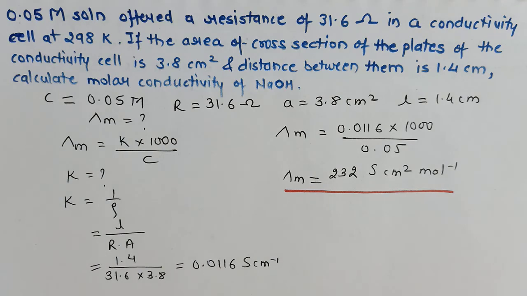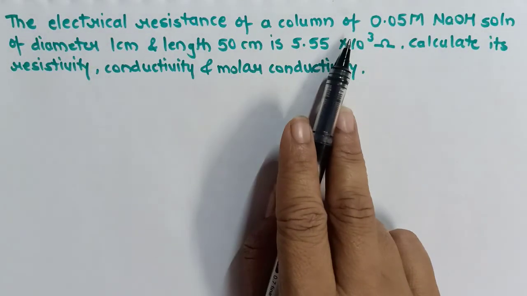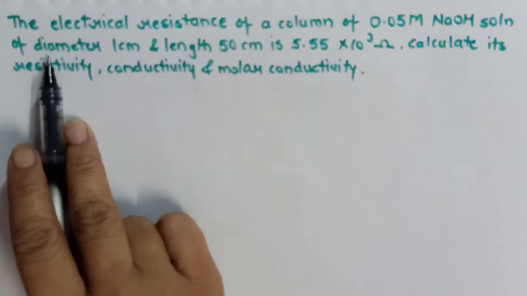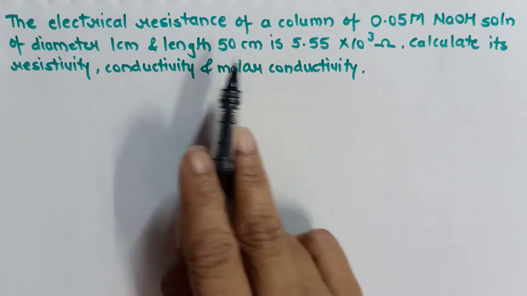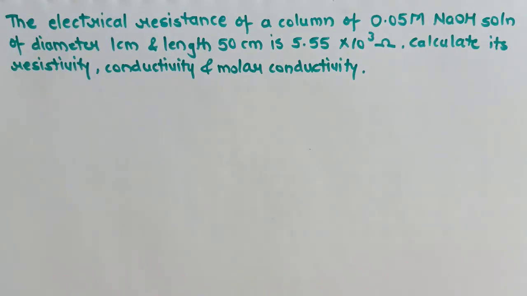You have to remember the concepts like how to calculate K, how to calculate G, because these values may or may not be given to you directly in your question. In the next question, the electrical resistance of sodium hydroxide solution is given, diameter and length are given, and we are supposed to calculate resistivity, conductivity and molar conductivity.